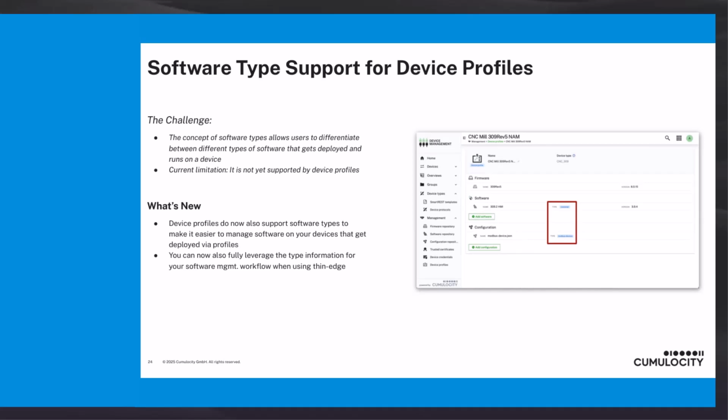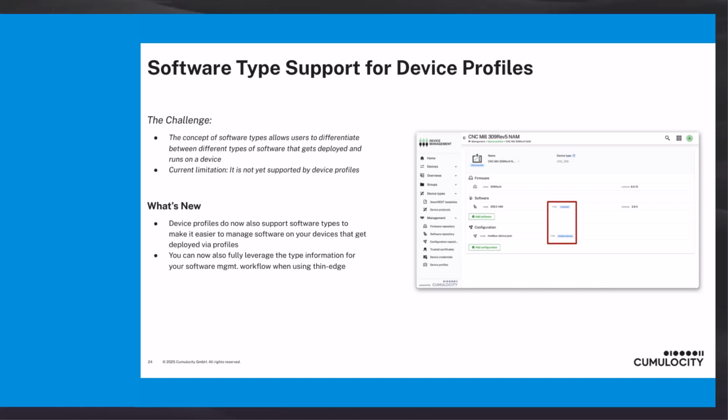The next topic I would like to cover is the software type support for device profiles. The software type in general is a concept we introduced quite some time ago, but until now it was restricted to the software repository. The idea was to introduce these types to differentiate between different kinds of software, so that when you upload it, you can more easily identify what kind of software you have in your repository.